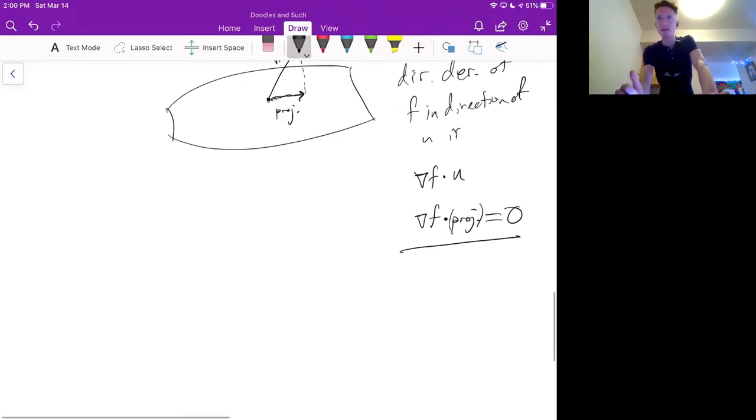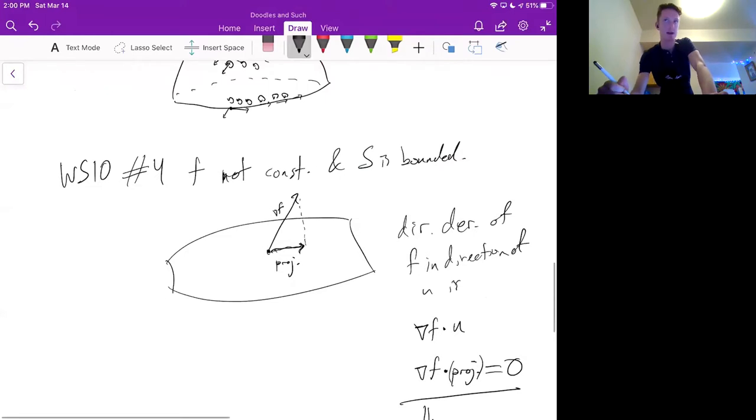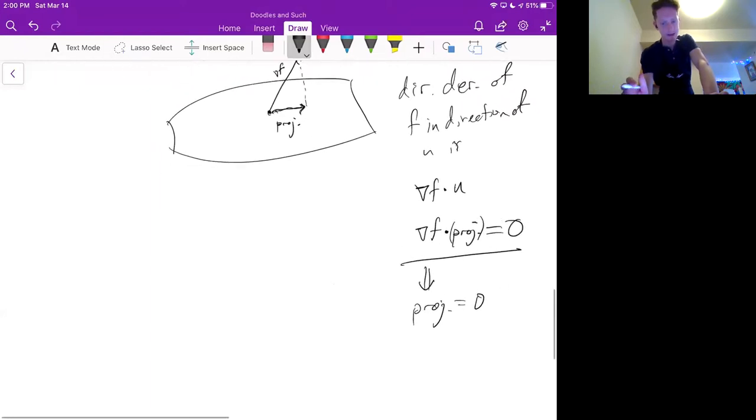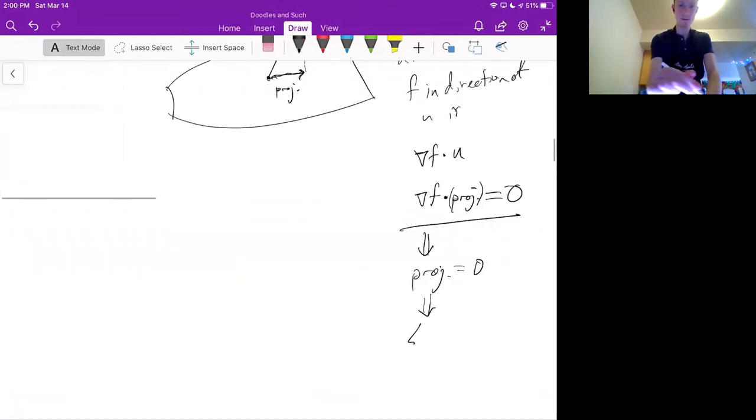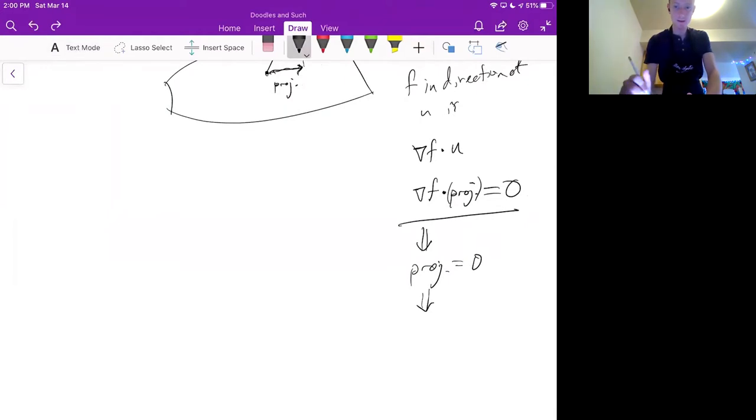Because that directional derivative is zero, the projection has to be zero. This is because the gradient is non-zero, and that uses the fact that f is not constant. So that's where this technical assumption comes in. Knowing that f is not constant gives us that the gradient is non-zero, and because the gradient is non-zero, if gradient dot projection equals zero, the projection has to be zero. And if the projection is zero, that means that the gradient is normal to the surface.